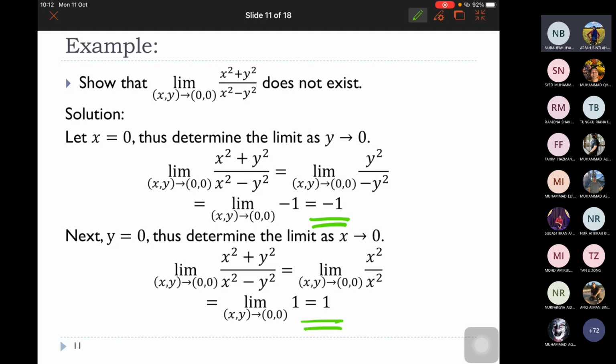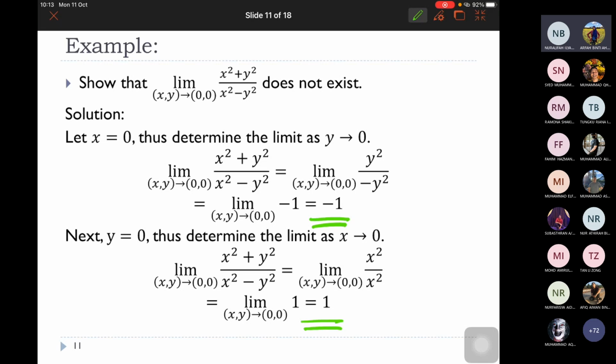Itu example lain. Okay. Yang kena simplify guna mathematically, if you have x plus y kurungan kuasa 2, dan itu kita simplify the equation.